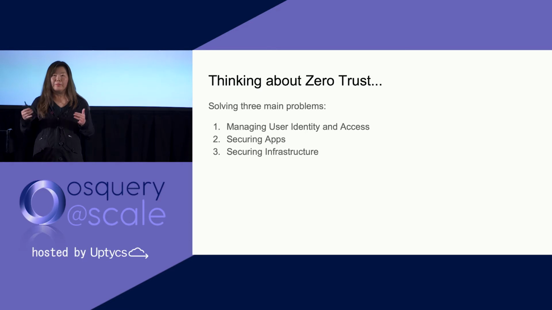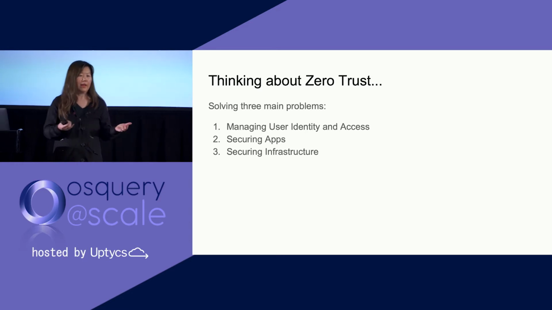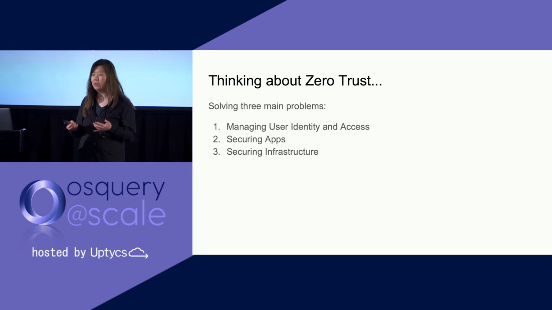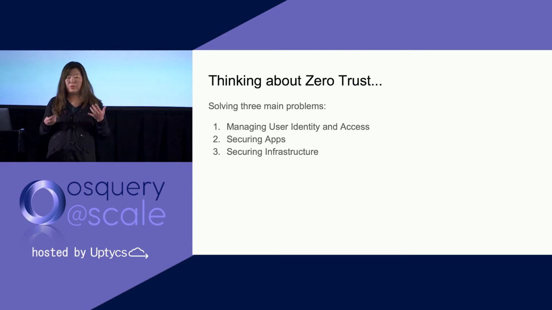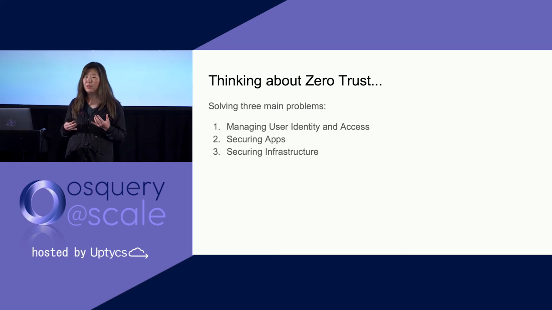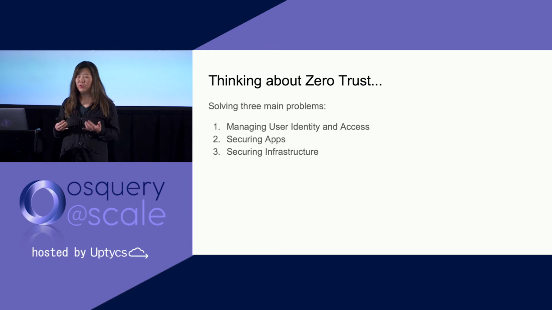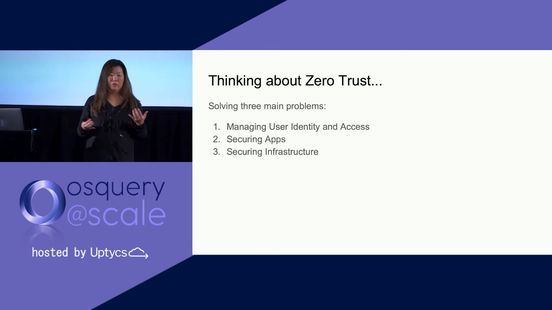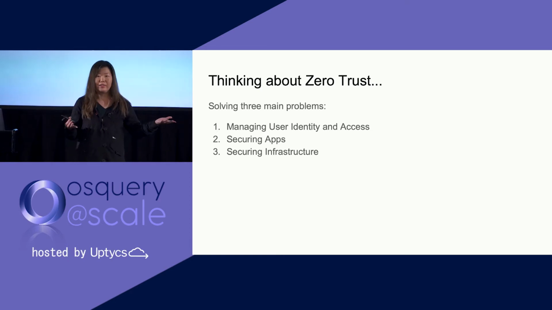And all of GitLab.com is in Google Cloud, so the entire infrastructure is in a public cloud infrastructure. And so we thought about it in terms of we really have to do a much stronger job managing user identity and credentials and that access, right?